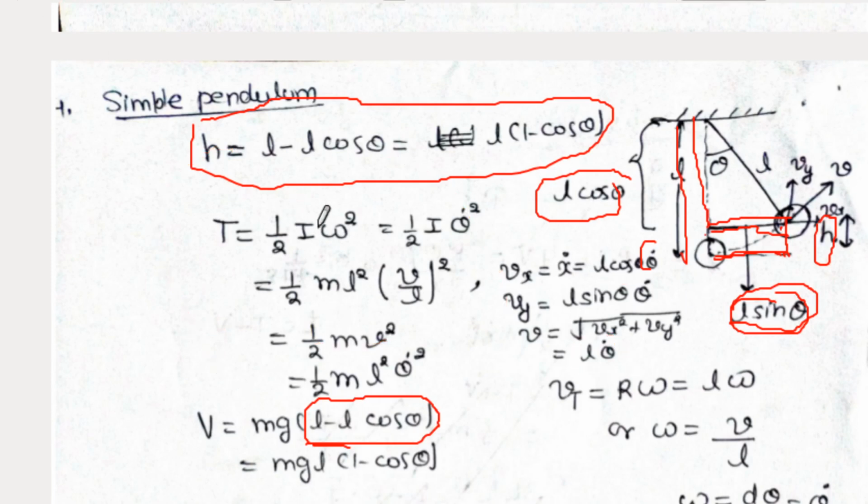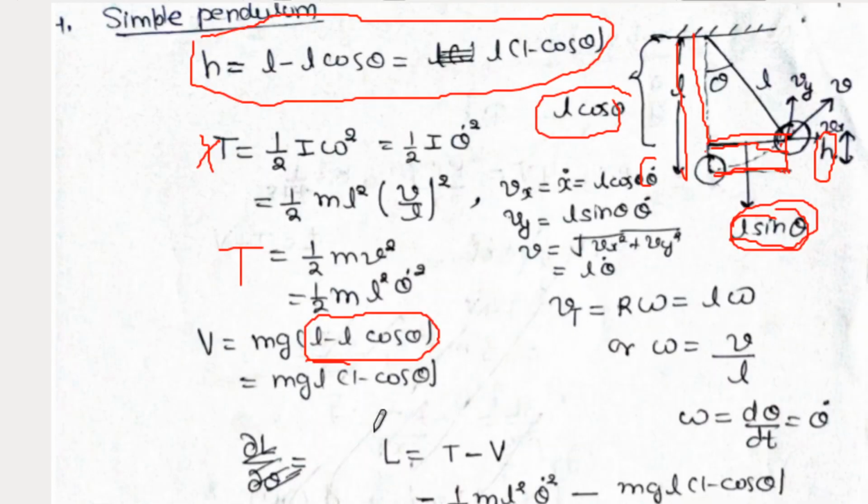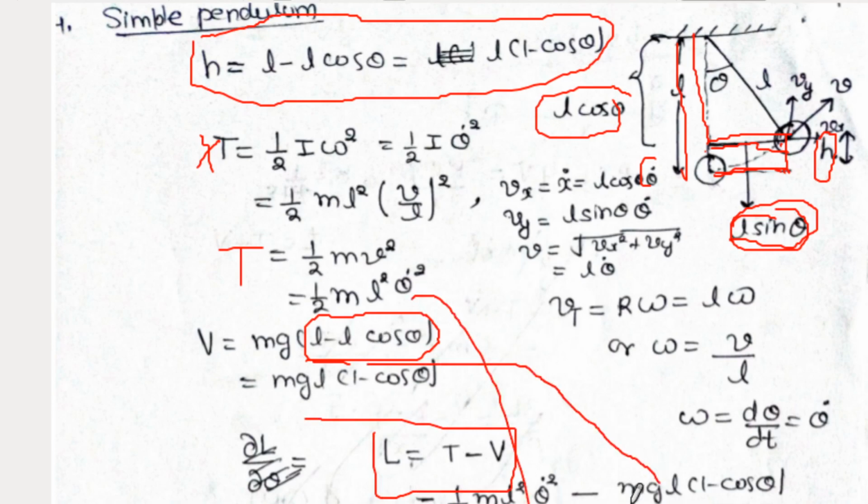Here I have used another way to calculate the kinetic energy, because there are two ways to calculate it, but I will not discuss that way now. We will discuss it later in some other videos, right? So the Lagrangian will be T minus V. So this is our T and this is our V, right?